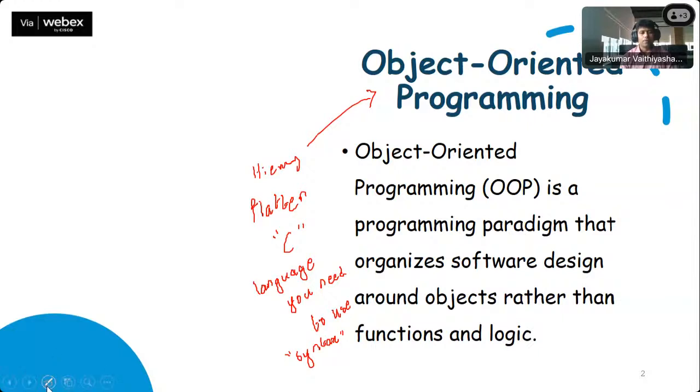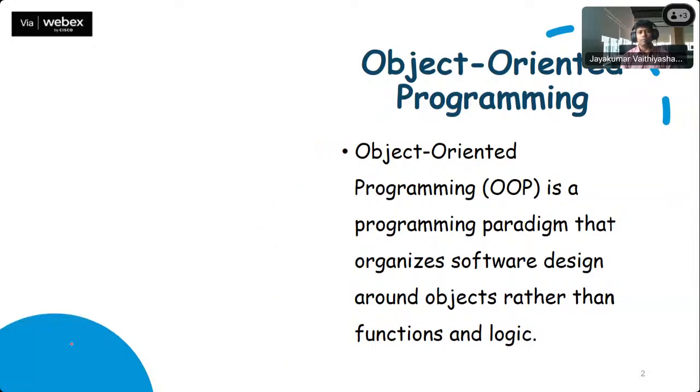But why are we writing the program? Because of real world object entities. Objects are real world physical entities. So we are writing programs for these real world objects.